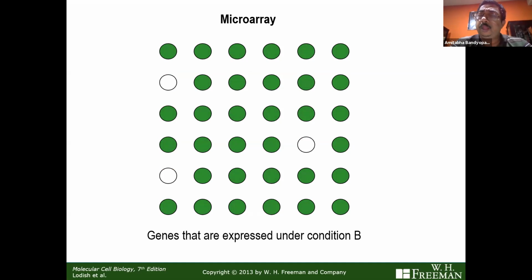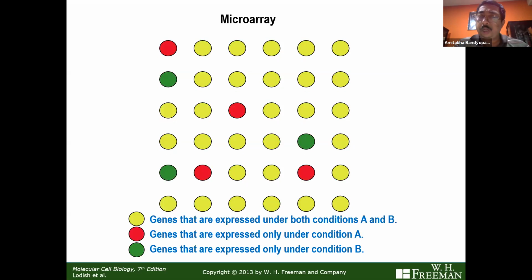And then through image processing, there is software available by which you merge these two images, and you see that the majority of the spots are yellow, meaning these genes were expressed both under condition A and under condition B. There are some spots that are only green, meaning those genes are exclusively expressed under condition A, and some spots that are only red, meaning those genes were expressed only under condition B.